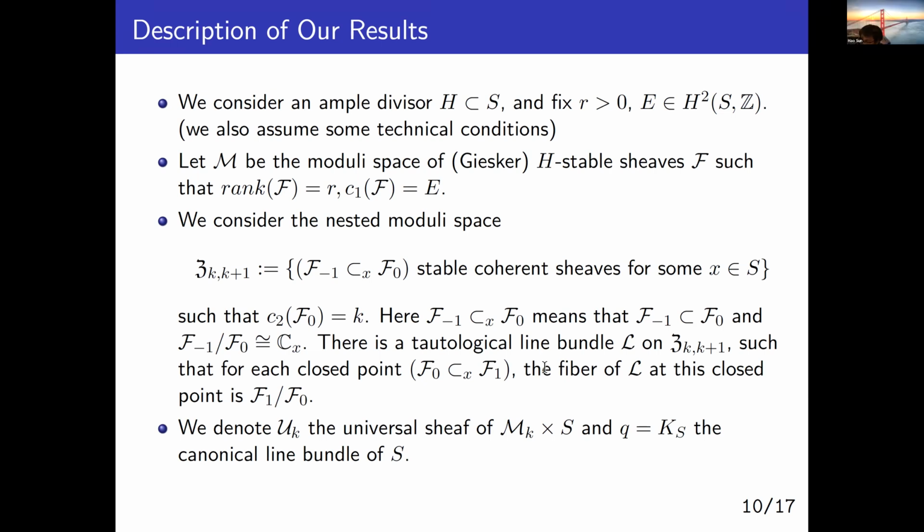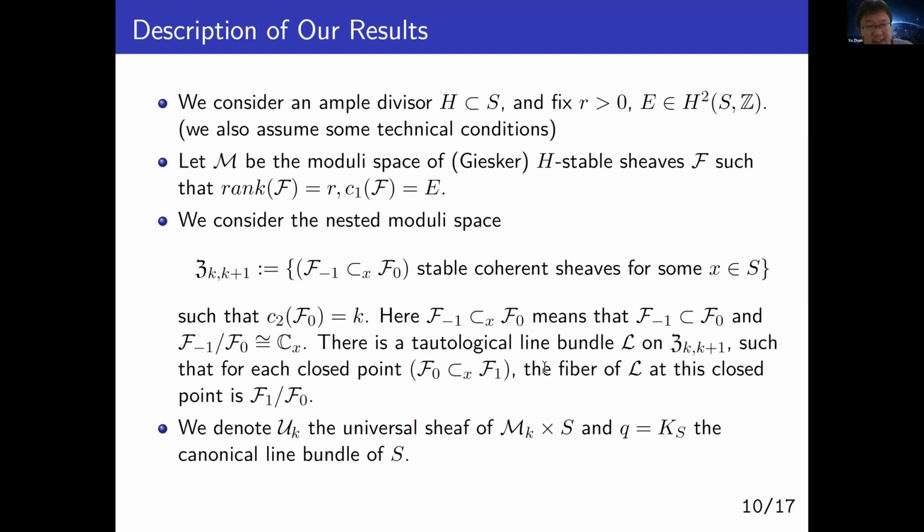And just remind me a little bit, what is M_k in the fourth point? So for the moduli space we should fix the rank, the first Chern class and the second Chern class, right? Yes. k is the second Chern class.